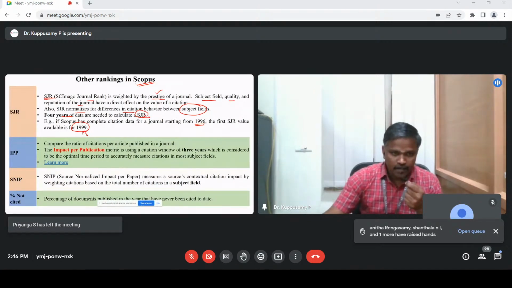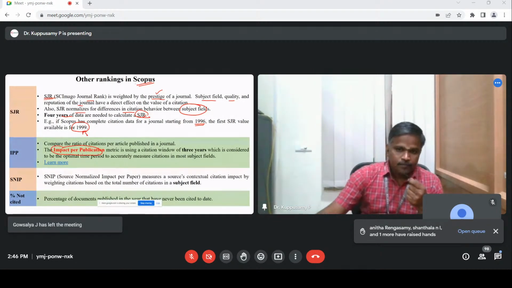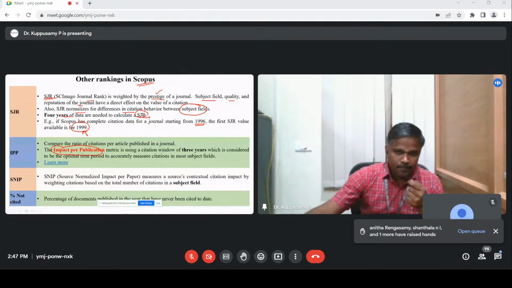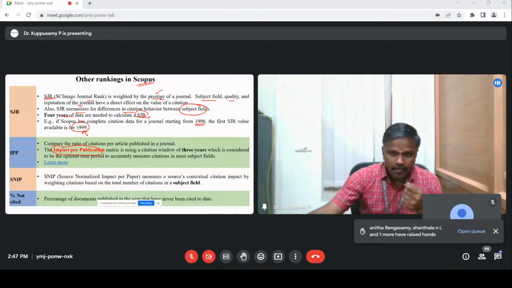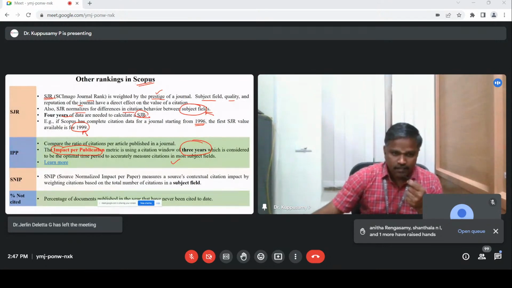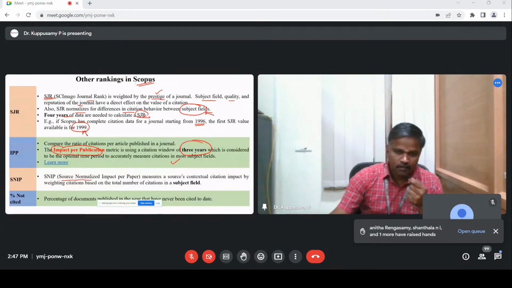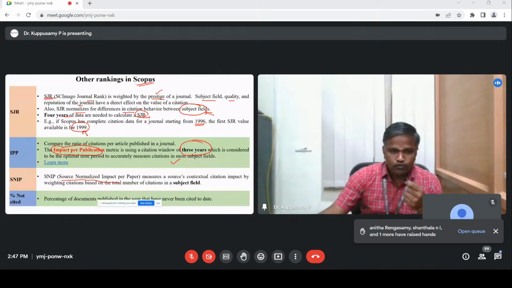And one more ranking is here, impact per publication. So per publication, what is the impact? It takes 3 years of citations. The other one takes 4 years of citations, and this one considers 3 years of citations. Then one more ranking is source normalized impact per paper.